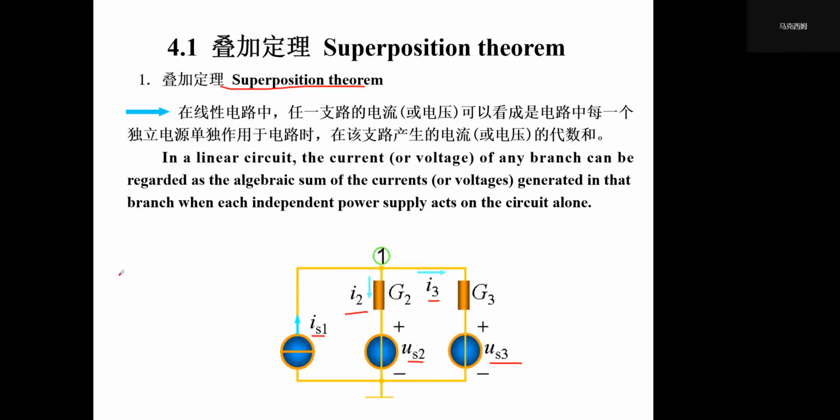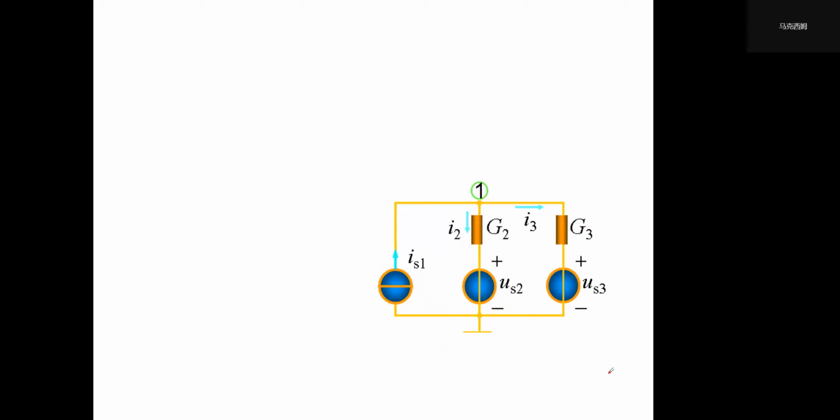We reach the combined I2 and I3, which is identical to the original circuit that contains three sources.